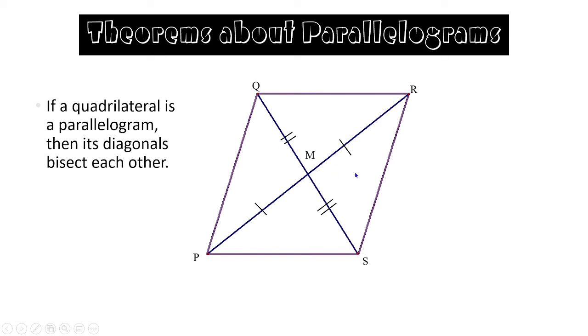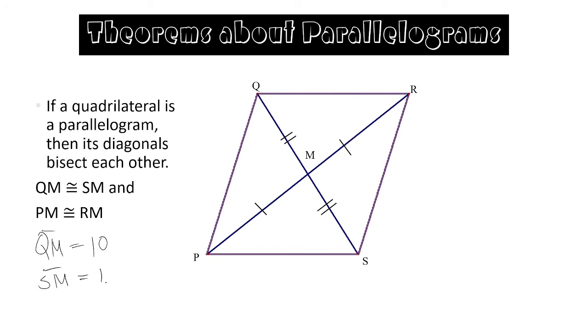So, just like in the given figure dito, QM is congruent to SM and line segment PM is congruent to line segment RM. Then now, for example, we have the value of line segment QM equal to 10. Then the value of line segment SM is also 10.